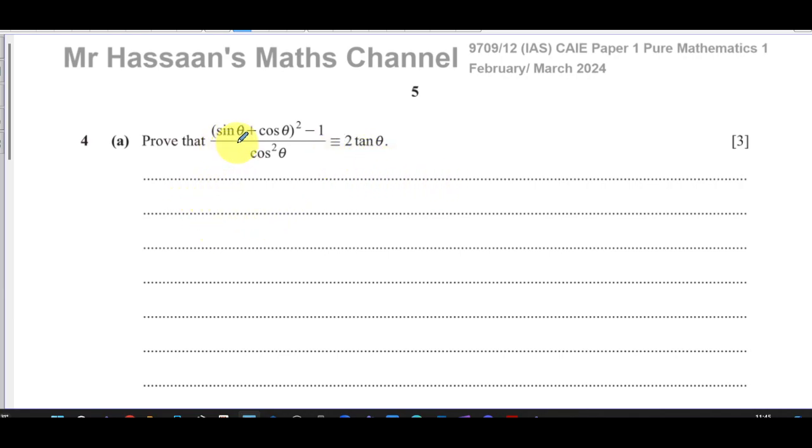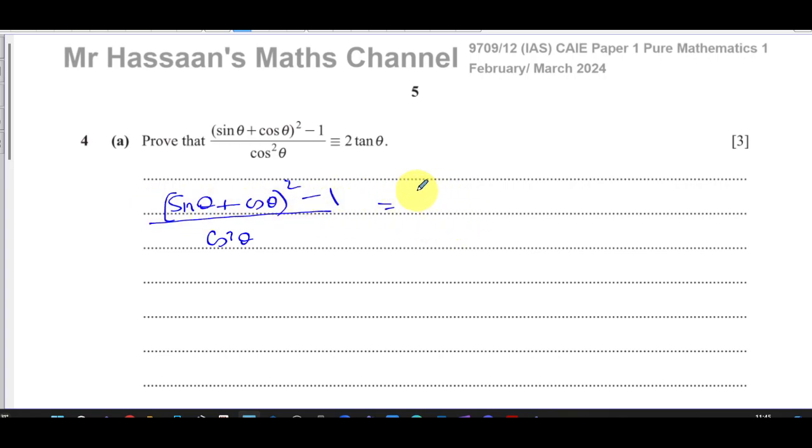So we have here (sine theta plus cosine theta) squared minus 1, all over cosine squared theta. The first thing we can do is expand the bracket.